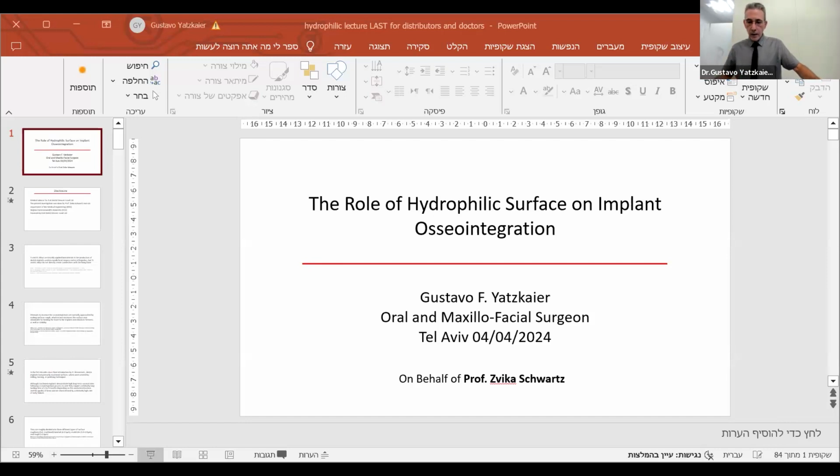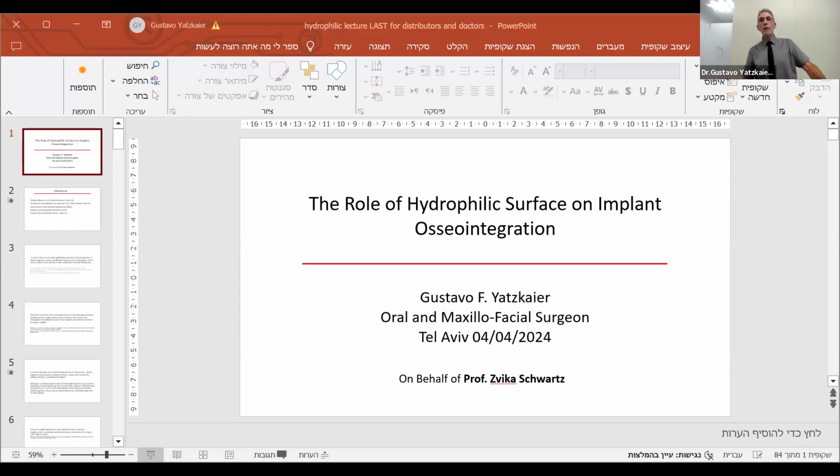We are working with implants a lot of time, and we know that titanium was chosen as a material because of its properties, such as bioinertness, biocompatibility, and mechanical stiffness. But the problem with pure titanium was that it did not connect with the living bone.